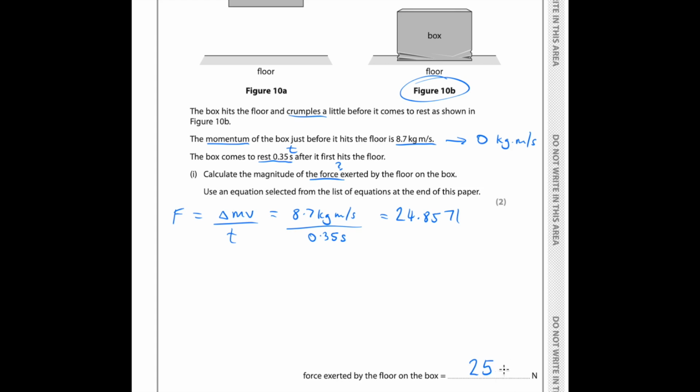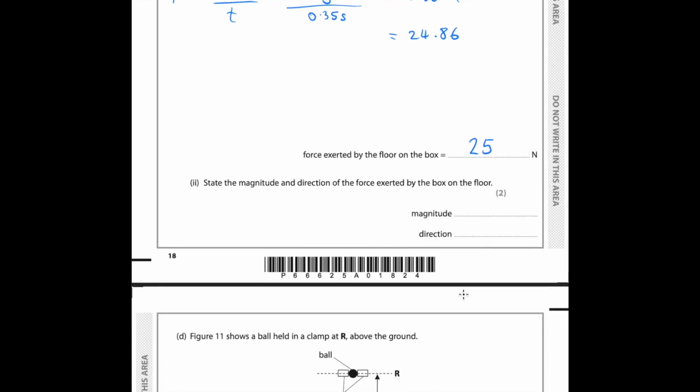Well, you could say you're being a bit inconsistent there. I could have left it to 2 decimal places. 24.86 would also be good if you prefer that. State the magnitude and direction of the force exerted by the box on the floor.